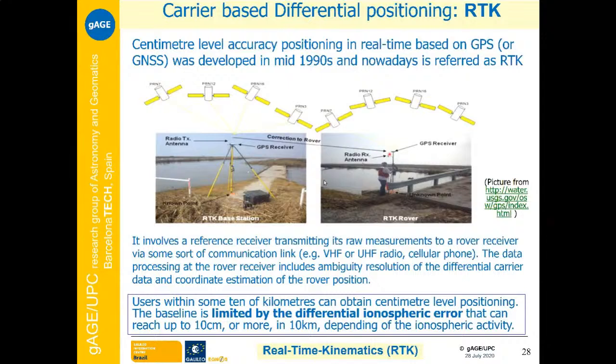In the case of using code measurements, the residual error can be larger than when using carrier phase measurements. This is because when using code measurements, the target is to achieve meter level accuracy, and then residual errors at the meter level are not critical.